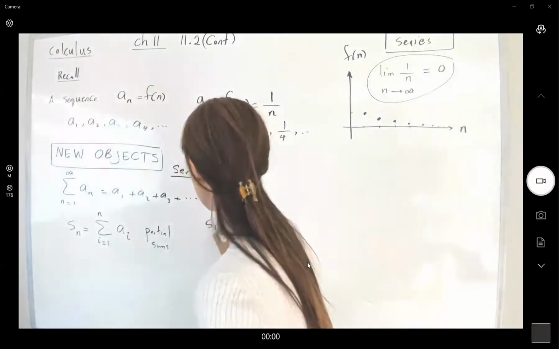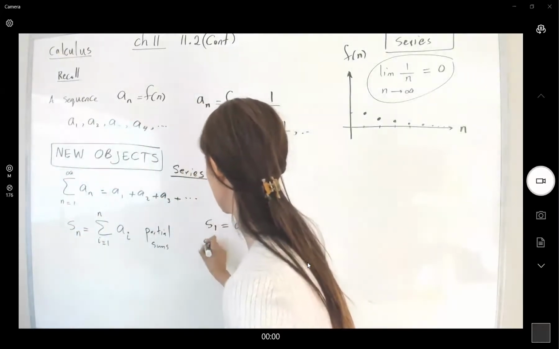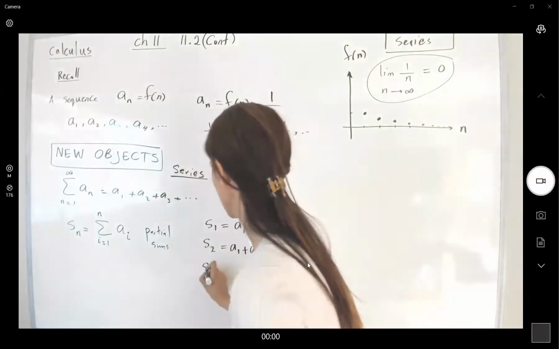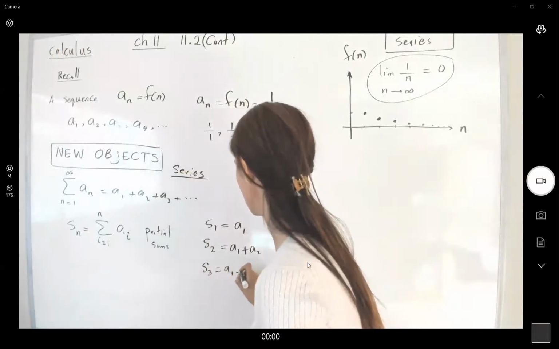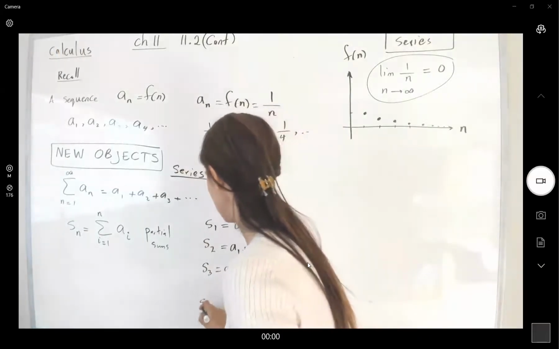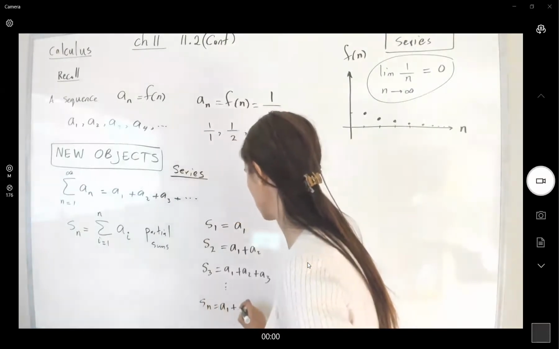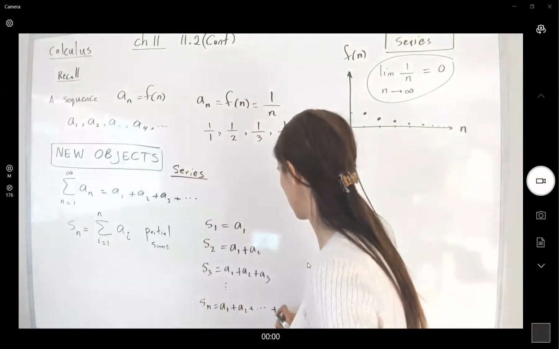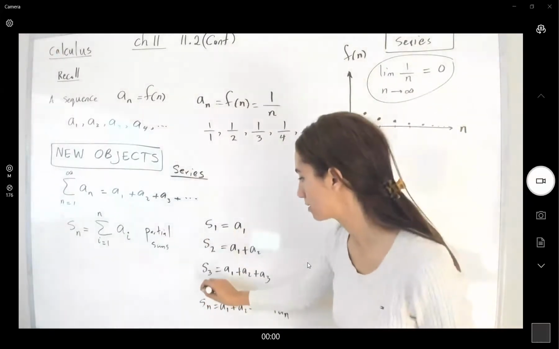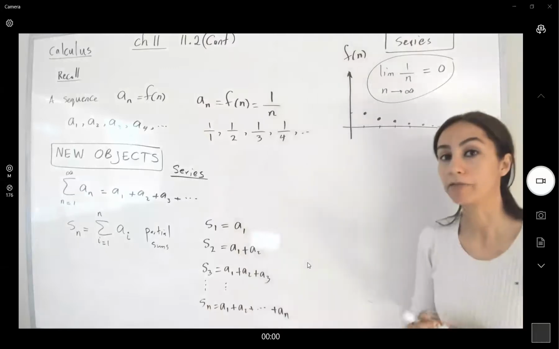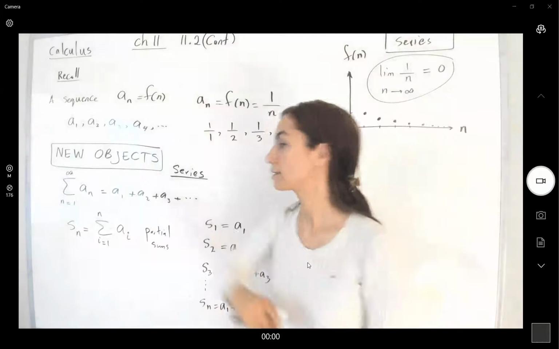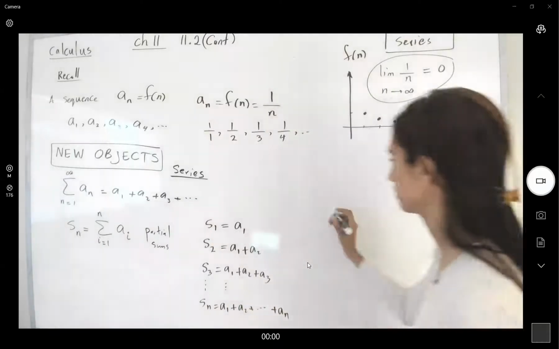S sub 1 is just a sub 1. S sub 2 is just a sub 1 plus a sub 2. S sub 3 is a sub 1 plus a sub 2 plus a sub 3. And S sub n is a1 plus a2 plus ... plus a n. We take this sequence. We say that if this sequence is convergent, then we say that this series is convergent.